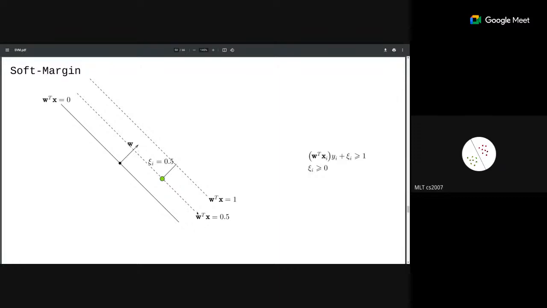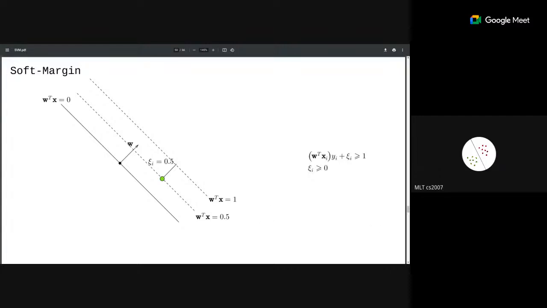This line is at a distance of 0.5 from the solid line, and this dotted line is at a distance of 1. So if I push this towards the correct side by 0.5, I'll end up making this point go beyond the margin. That's what I want, right? So psi a is equal to 0.5 for this one.